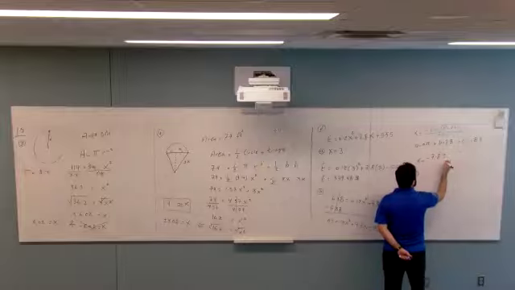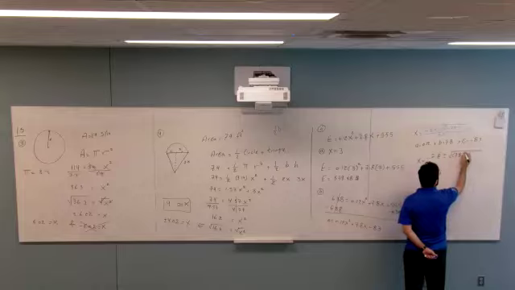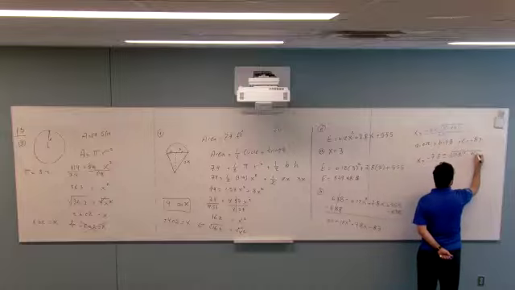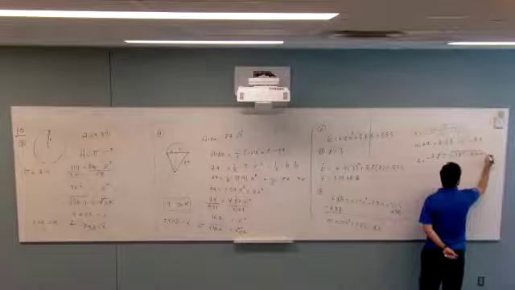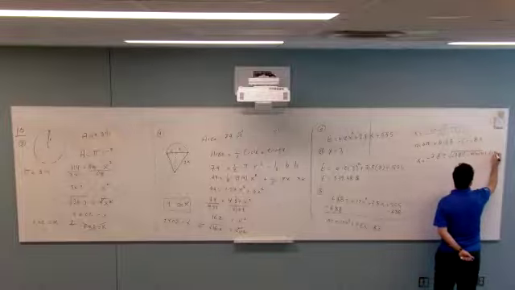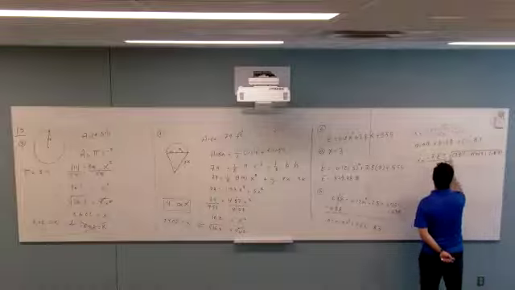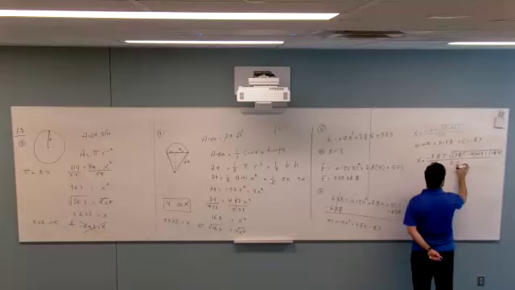Plus or minus the square root of b squared, 7.8 squared, minus 4 times a, times the value of c, which is negative 83. Everything divided by 2 times a, which is 0.12.